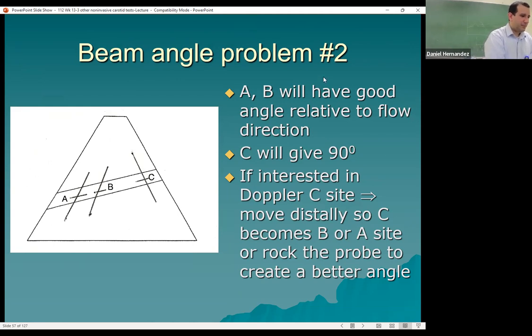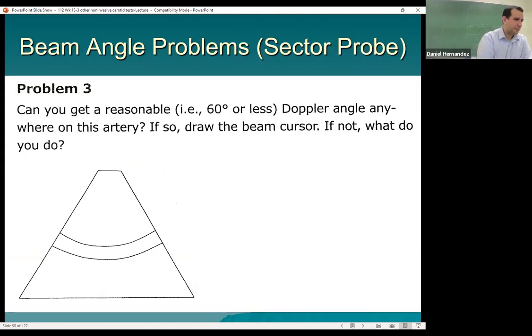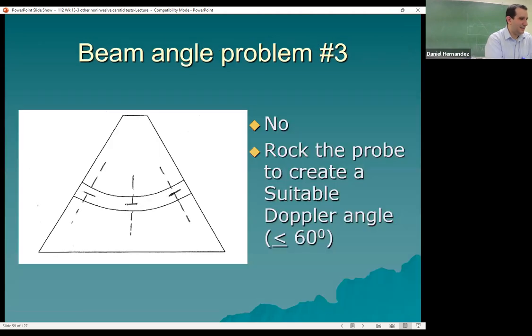So this would be an instance where you can try and rock and tilt your probe if you had to Doppler at C. Can you get a reasonable less than 60-degree angle in any position in this artery? That's a big no. So here we're basically perpendicular, no matter how we try and come at it.